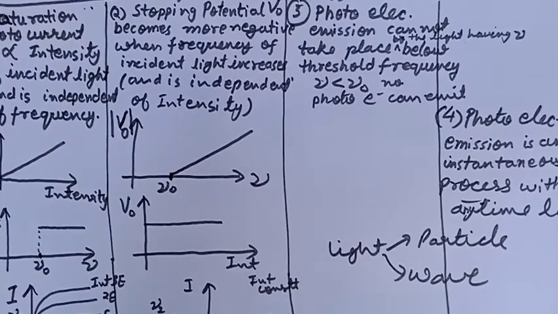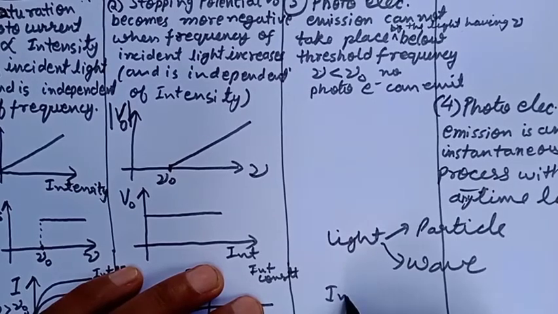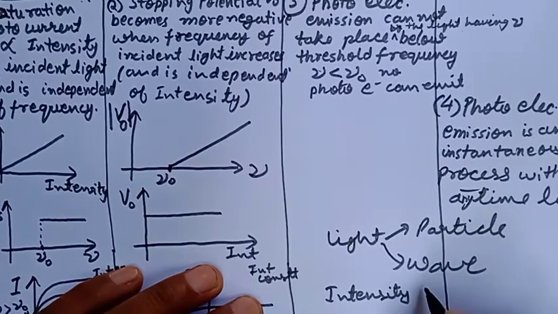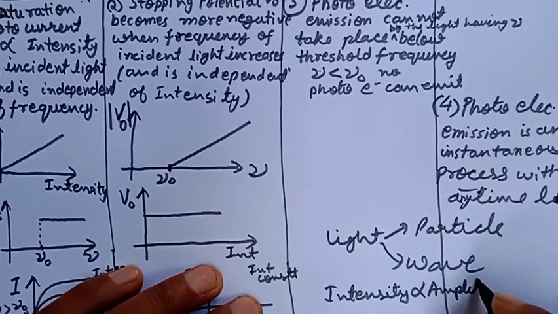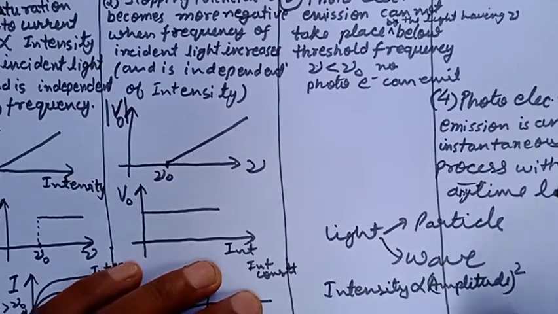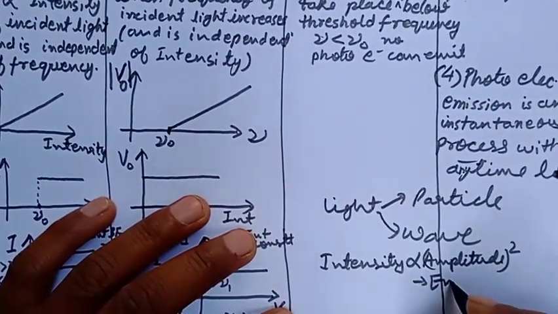So now, according to wave theory, the photoelectric effect would take place in this manner: intensity of light depends upon amplitude, and amplitude squared is related to energy.